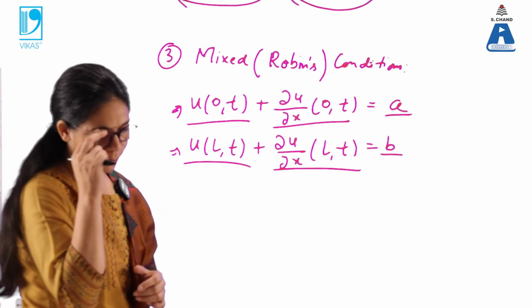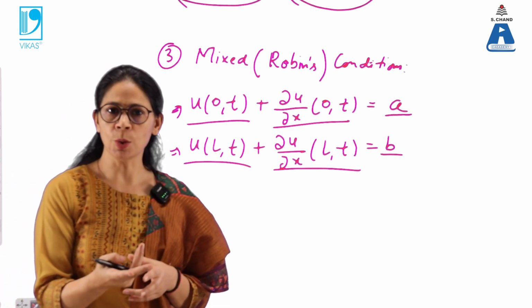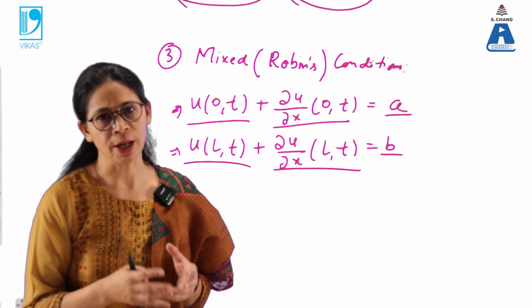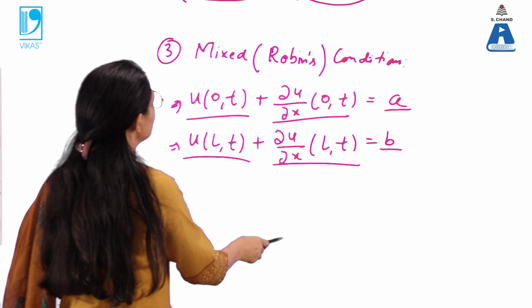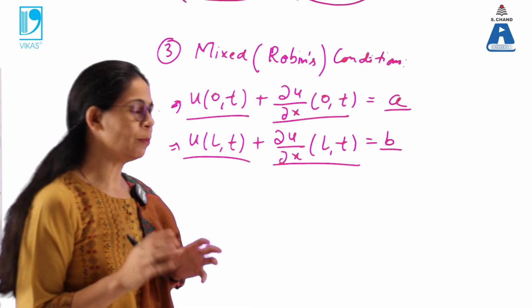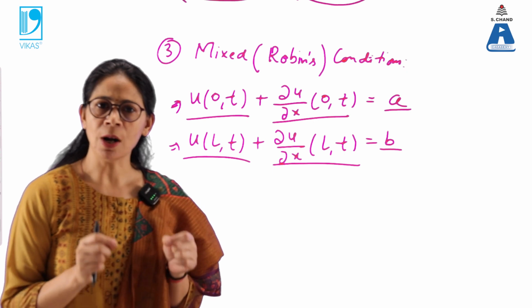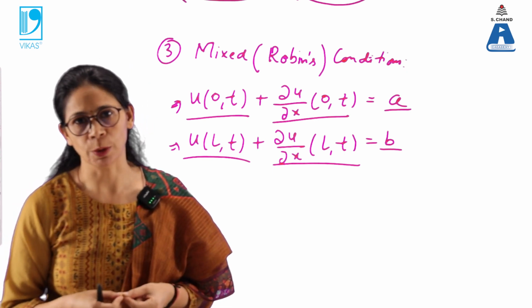So for a second order linear partial differential equation, if two conditions are given, then the general solution must not have any unknown coefficients. So these three are called the boundary conditions. Now one more thing: it is not necessary that the first end should lie at x equal to 0.